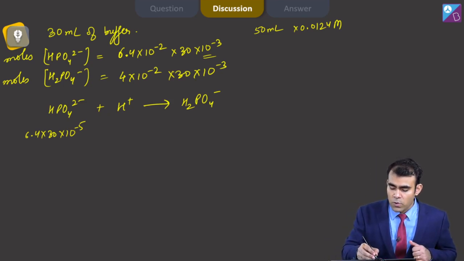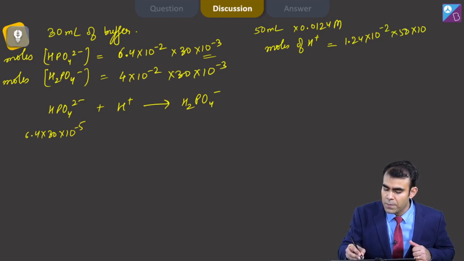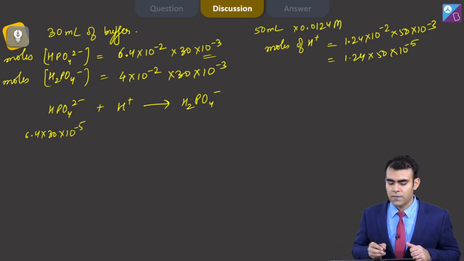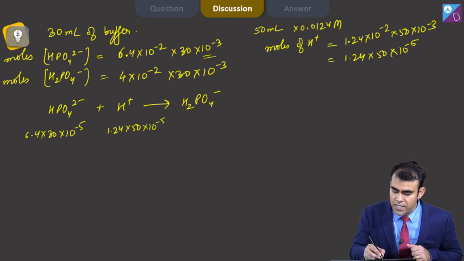So if I want to calculate the moles of H plus, then it is 1.24 into 10 to the power minus 2 into 50 into 10 to the power minus 3, and that is 1.24 into 50 into 10 to the power minus 5. Okay, so this is the amount of H plus that we are adding, and initially this is 4 into 30 into 10 to the power minus 5.